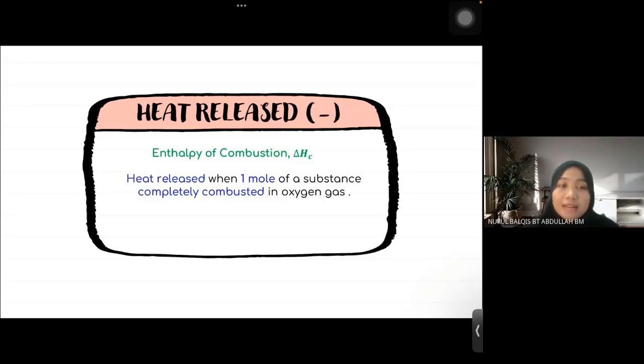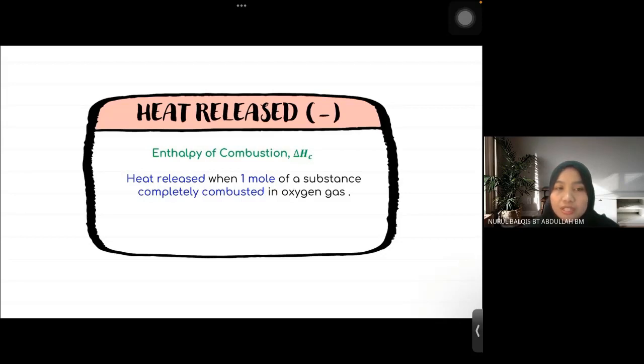Heat release, why heat release? It must be from reactions, so we look at our chemical reactions. This heat release is when 1 mole of a substance is completely combusted in oxygen gas. If you look at the definitions, there is one species in our chemical equation that we need to fix as 1 mole.